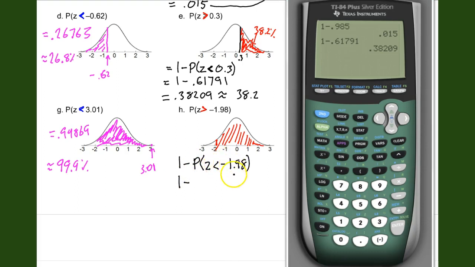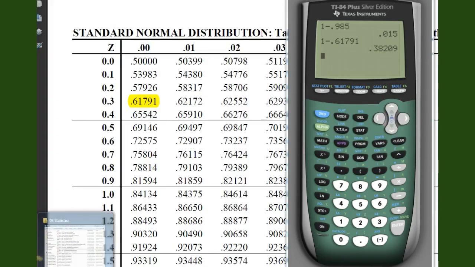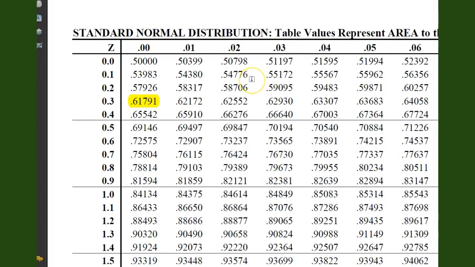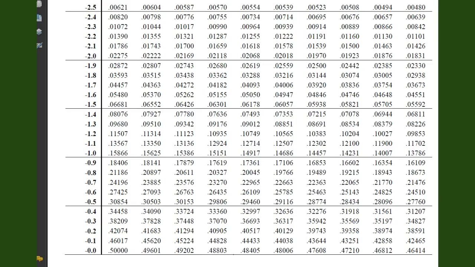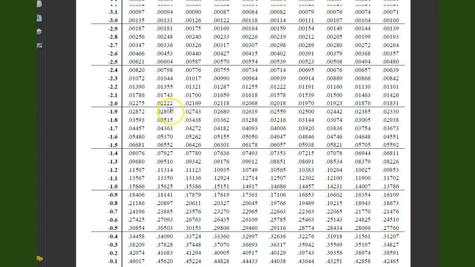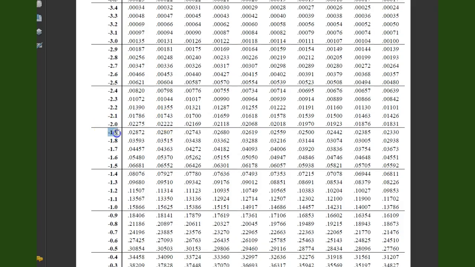So negative 1.98. So I got to find negative 1.9. Where are you? There we are. Negative 1.9. There's negative.